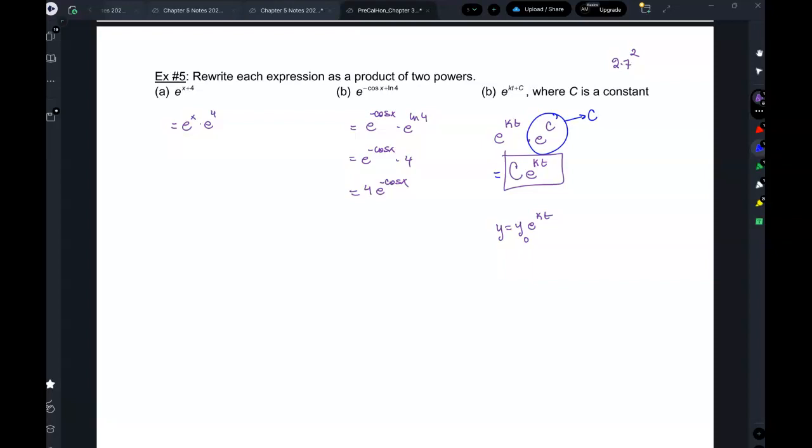Okay, e is a constant. It's a number. We know what number it is. Yes, we do. You're right. But we focus on the fact that it's just a constant. It's a coefficient. C is also some random number.